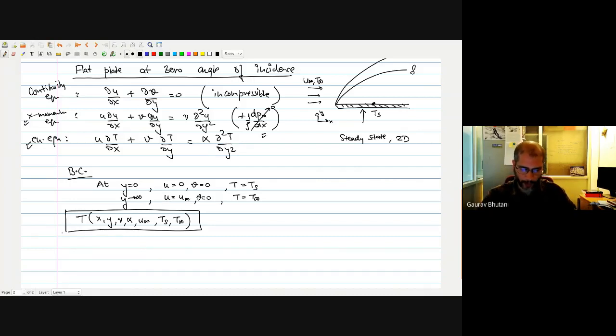Okay, and this is where the idea of non-dimensionalization helps us a lot, because as we have seen in the past, when we non-dimensionalize the system, we reduce the number of the independent parameters in the functional form, and that helps us simplify the analysis a lot. Okay, so let's do that non-dimensionalization here as well.